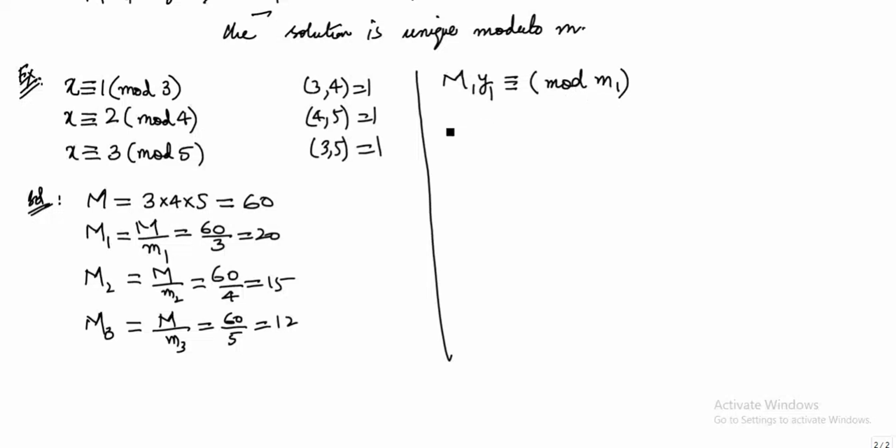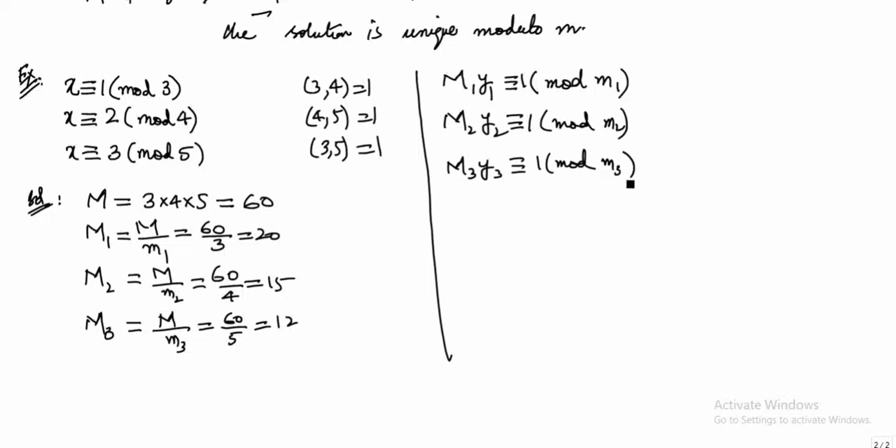And M2 y2 is congruent to 1 modulo m2, and M3 y3 is congruent to 1 modulo m3.